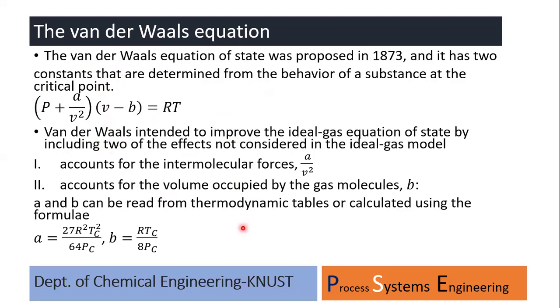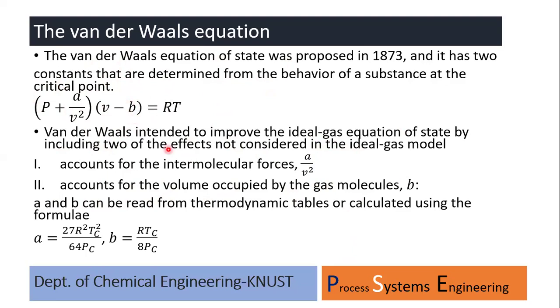For the Van der Waals equation, remember we are saying that it's going to consider real gases. So it's going to account for the deviations happening from ideal to real. This A over V squared term here is going to account for the intermolecular forces of attraction, right? And then the volume that's being occupied by the gas molecules. Remember, for ideal gases, we assume the volume is negligible, but for real gases there's actually a volume.